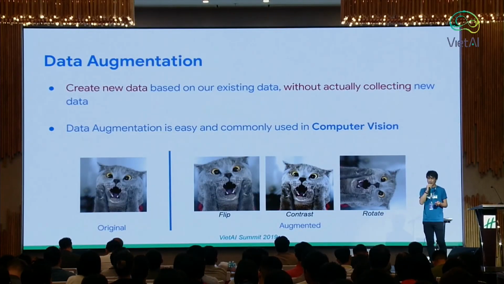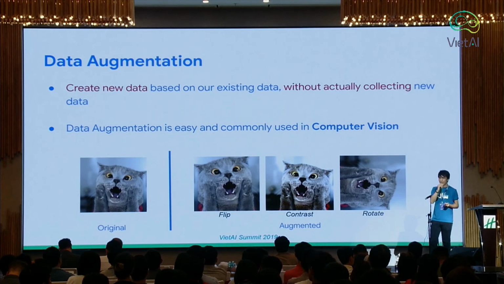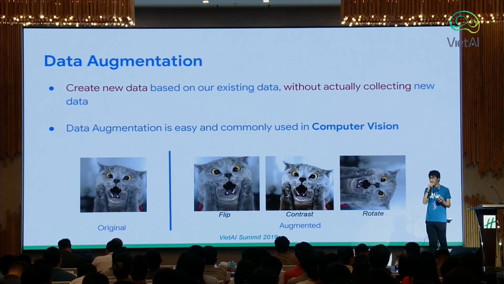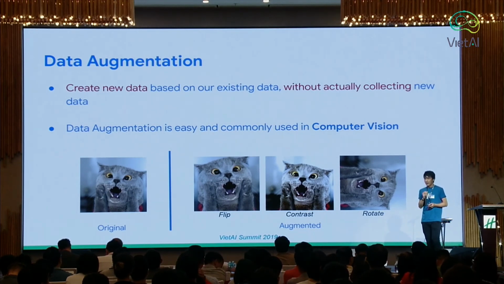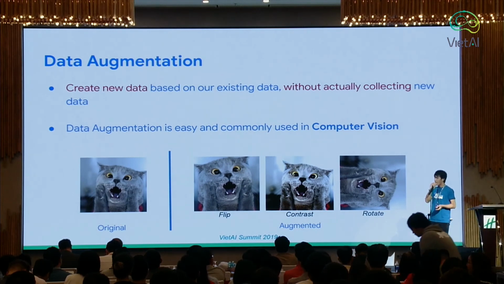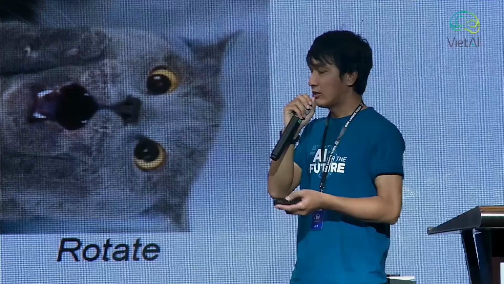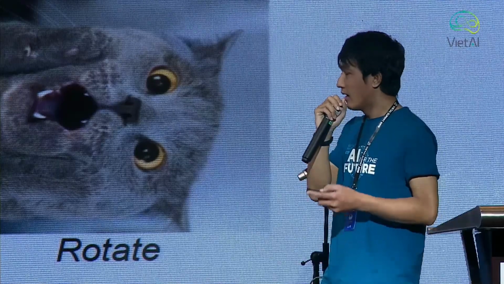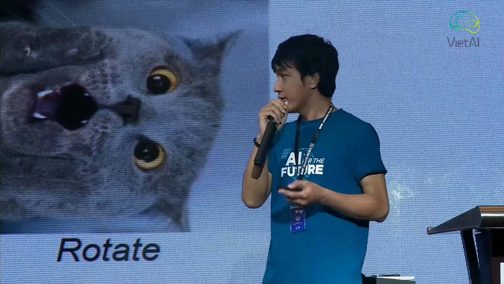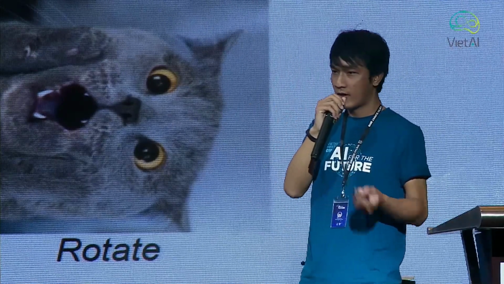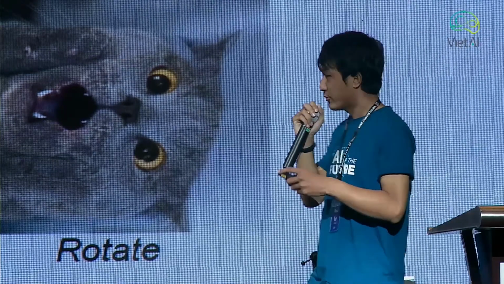And the idea of data augmentation is very simple, that we create new data from our training data without actually collecting the data. For example, in computer vision, we are given input images and we can modify it by flipping vertically or horizontally, or even changing the color, or even rotating it.